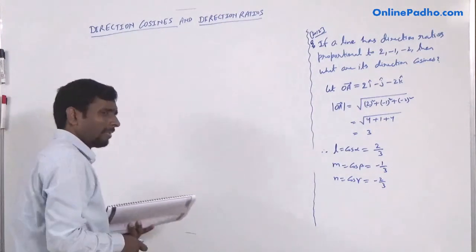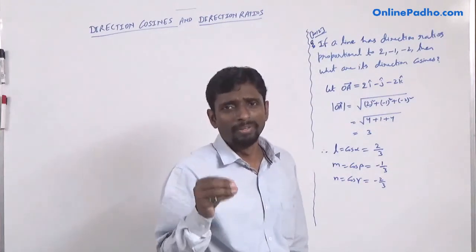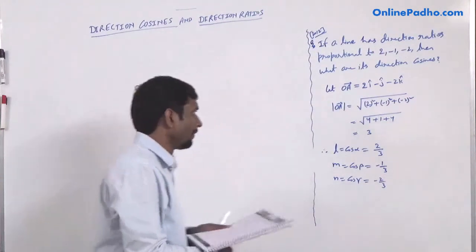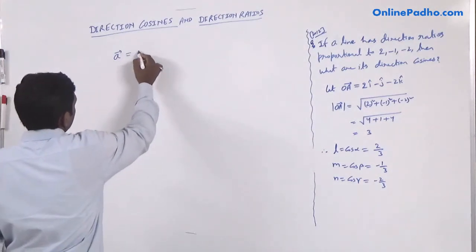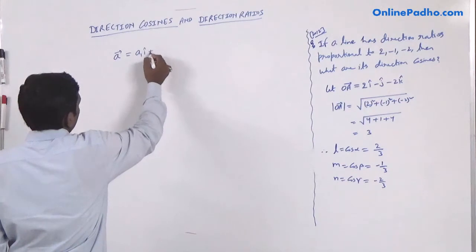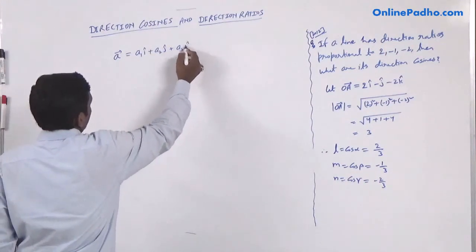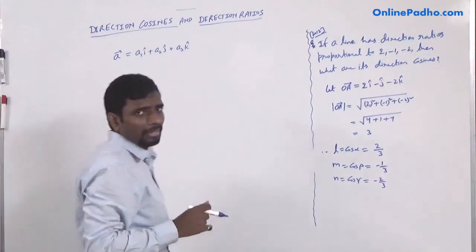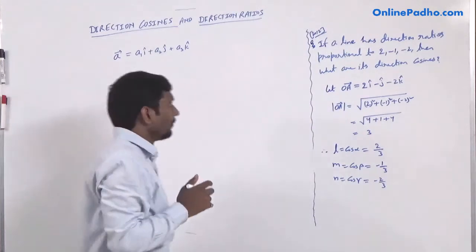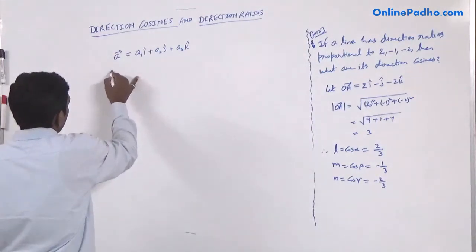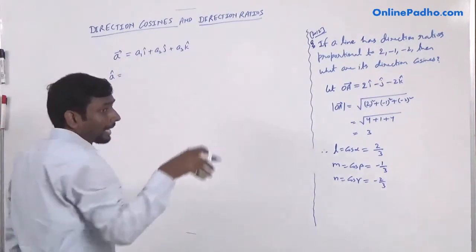Now, how can we relate direction cosine with a vector? If we have a vector A equal to A1 i cap plus A2 j cap plus A3 k cap, do you know what is the unit vector of this? We can write the unit vector of vector A by dividing this vector by its magnitude.